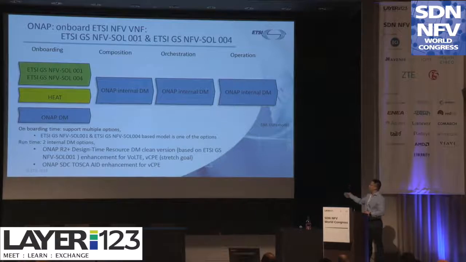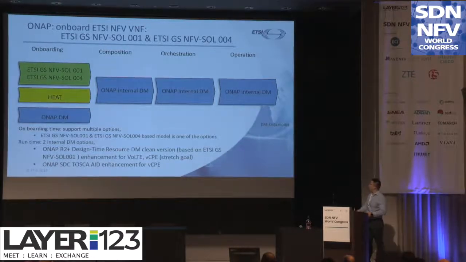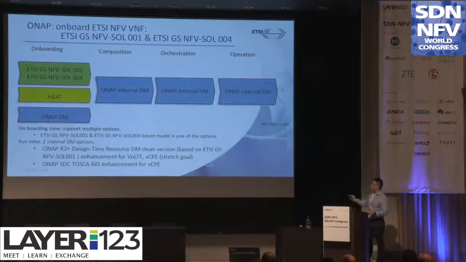But from the internal side, one of the big goals in their future release is to have a single internal module that will run in the whole ONAP system for the composition, administration, and other lifecycle operations. But right now, there are two internal modules used in ONAP.